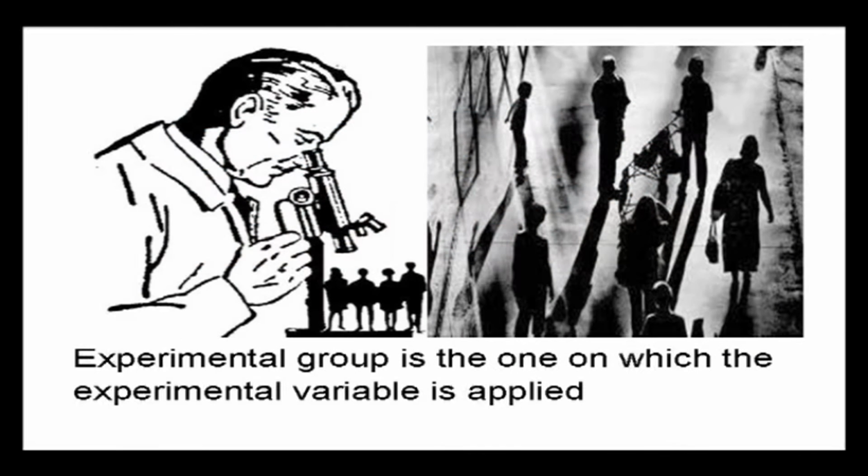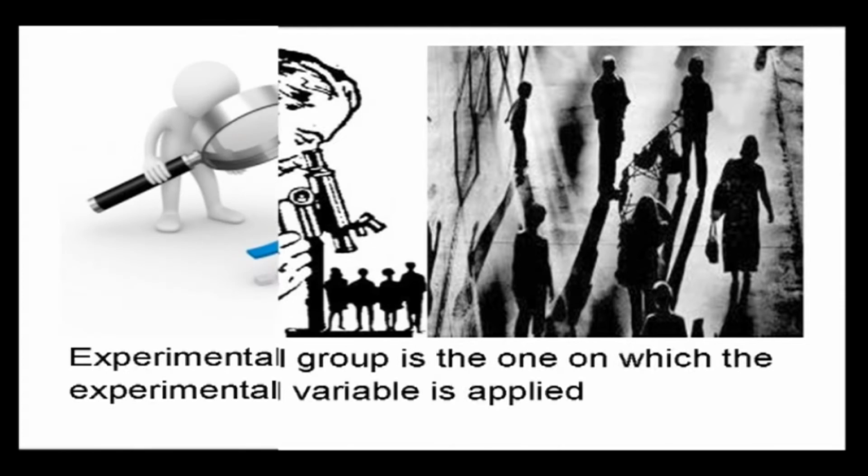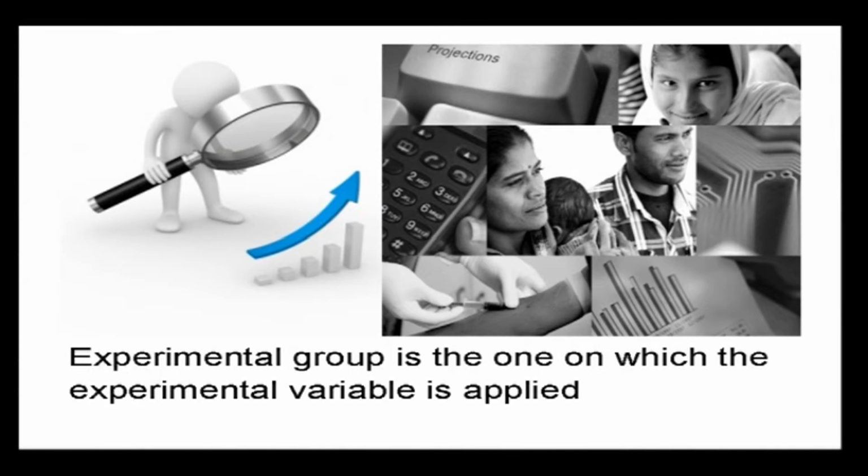The experimental group is the one on which the experimental variable is applied, while the control group is the one on which we are not going to apply the experimental variable which we are trying to establish.